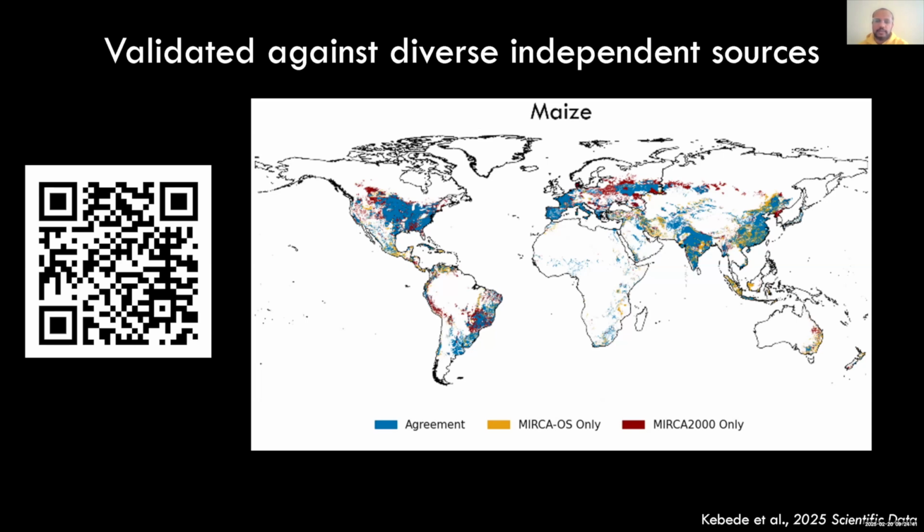This one is the previous version data set, and we tried to assess the presence and absence map, which shows, for example, the agreement in blue, where both data sets showed at pixel level there is irrigated area in some specific pixel locations, and the red and yellow showed there is a disagreement between the two data sets.